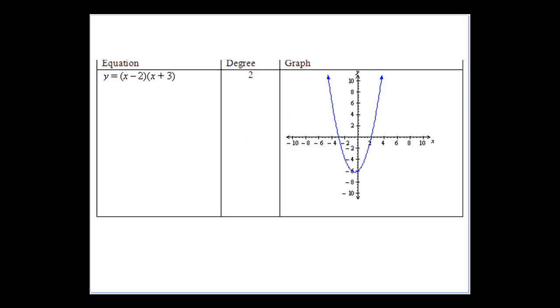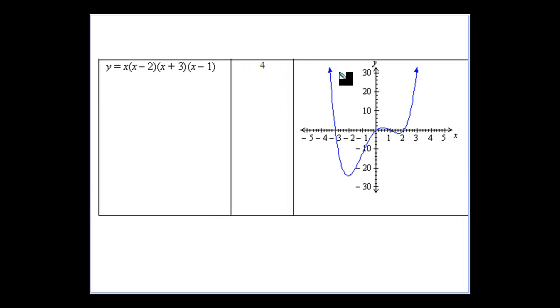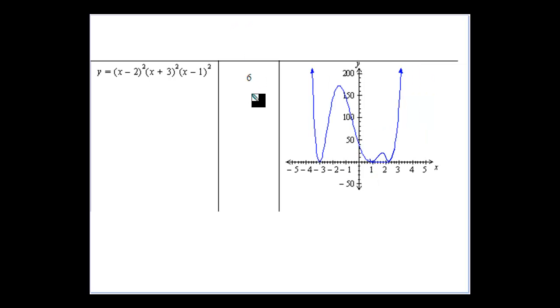Now let's have a look at these ones here and see if we can get some idea. Have a look at the degrees here and what's happening at the ends of each of these equations. So for degree 4, if we have a look and see what's happening there, and degree 6.